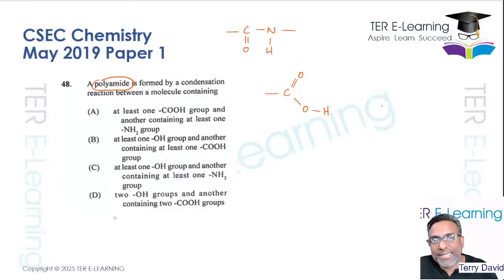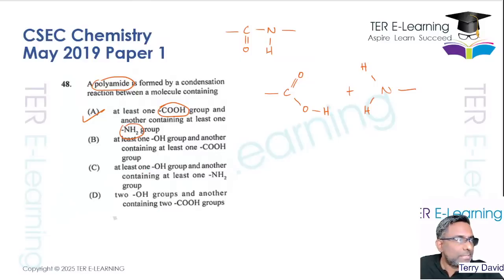You need it to have at least one of this group, plus, to get the amide linkage, you need to have this group present as well. So you need at least one acid group and at least one amine group. So the answer is going to be E. This is the acid group here, and this is the amine group here, NH2. So that's 48.